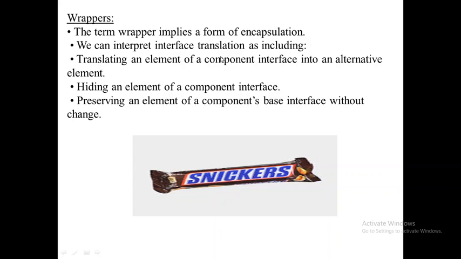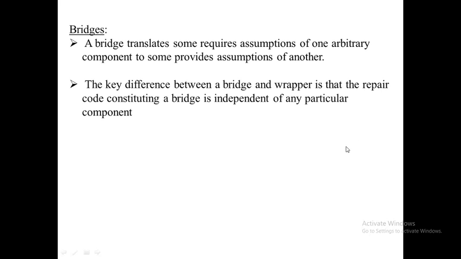We can interpret interface translation as including translating an element of a component interface into an alternative element, hiding an element of a component interface, preserving an element of a component-based interface without changing. You need to wrap up one element with another element with the help of some glue. Here API is working like a glue.